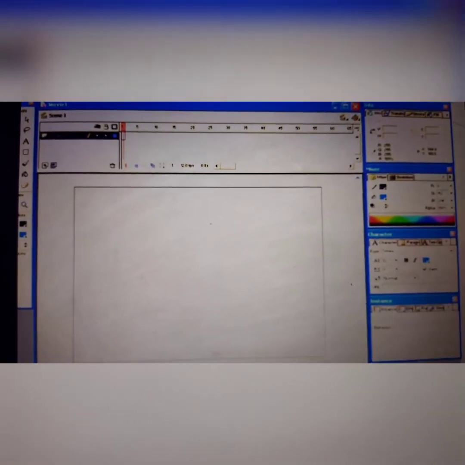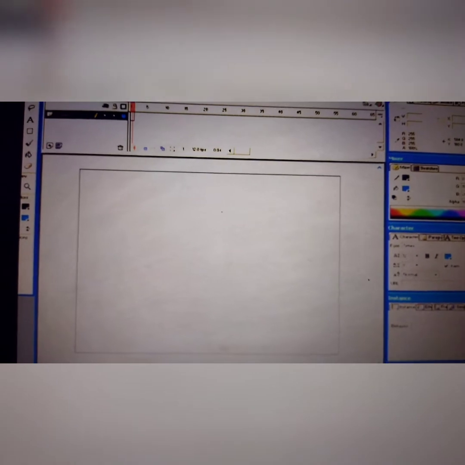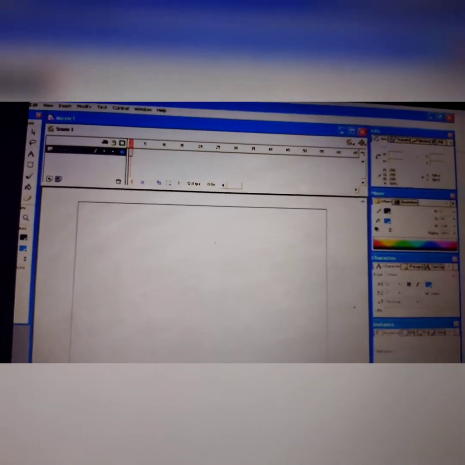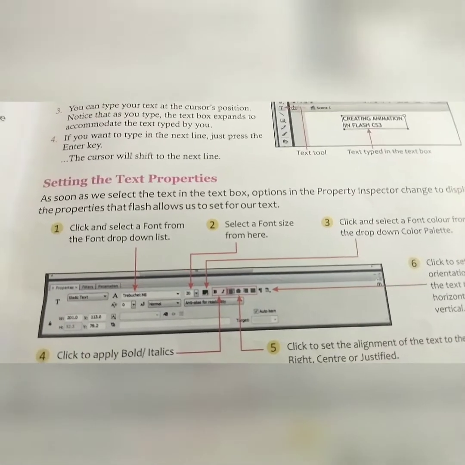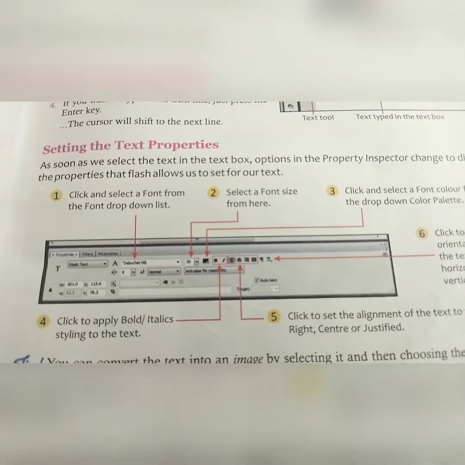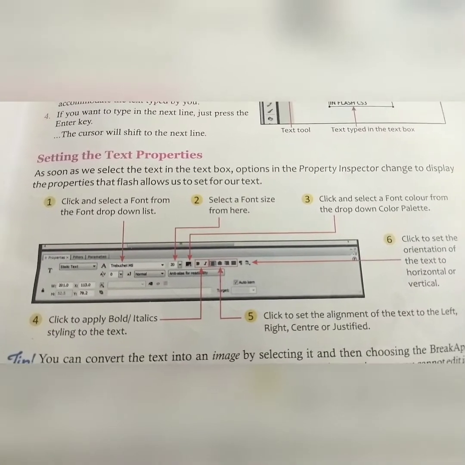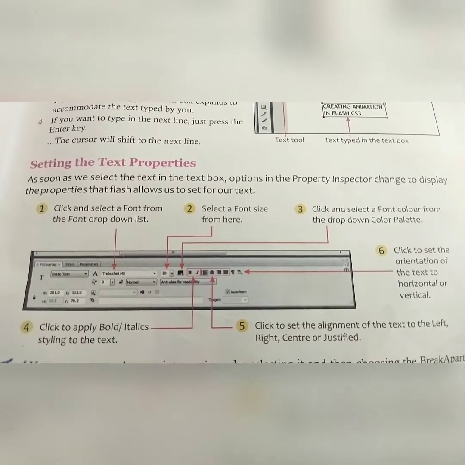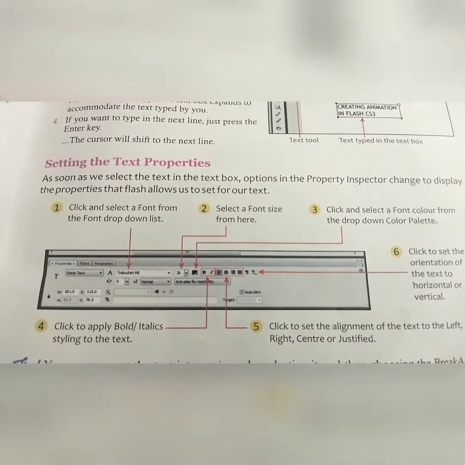Now class 7, next is setting the text property. How do we set the text property? We select the text, and the property inspector changes to display the properties that Flash allows us to set for our text. First of all, click and select a font from the font drop down list. Second, select a font size. Third step, click and select a font color from the drop down color palette.